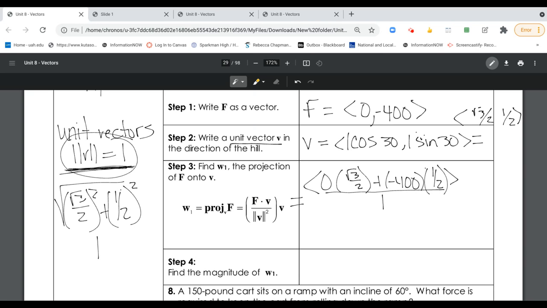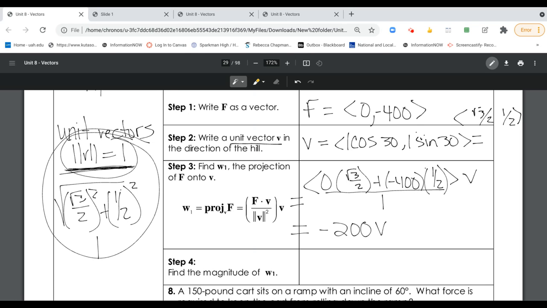You don't even have to show that because we've already proven that the magnitude of vector v is 1, and when you square 1, you get 1. And we're just going to multiply it by v because we know v is a unit vector. So when it's all said and done, we're going to get negative 200v.